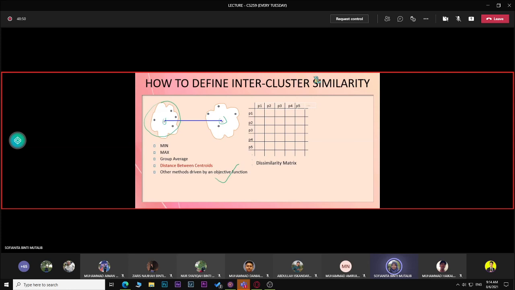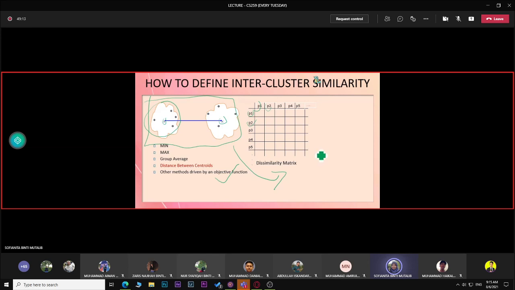Okay, let's have a look at here. In the illustration it technically shows only 2 clusters. But in the real case, you could have more clusters. Okay, so let me make it bigger here.